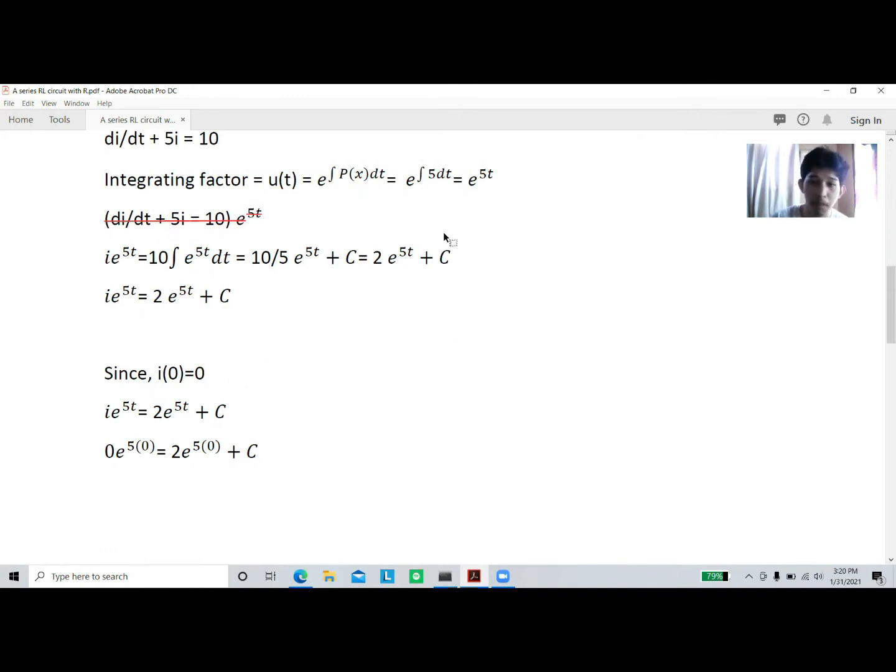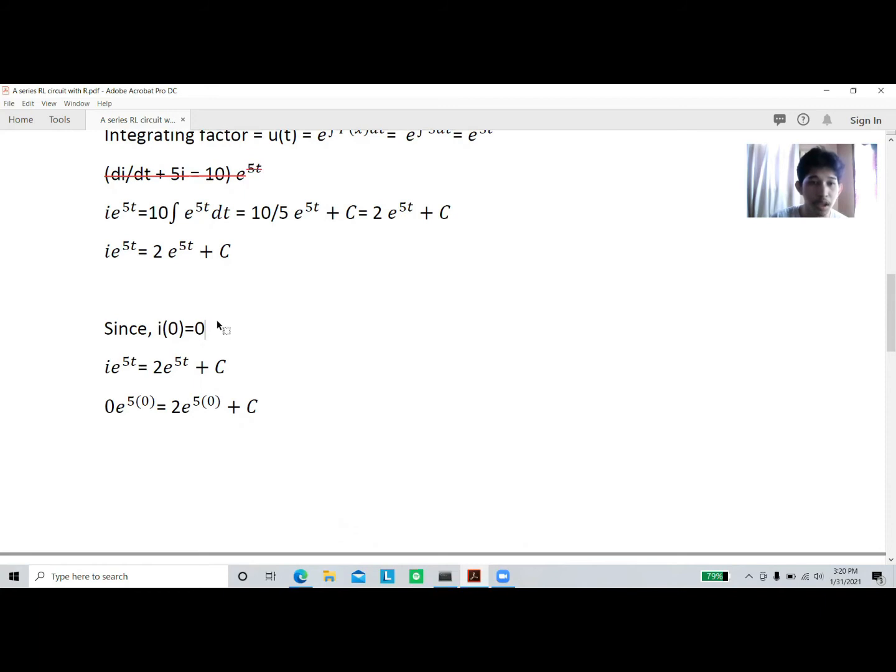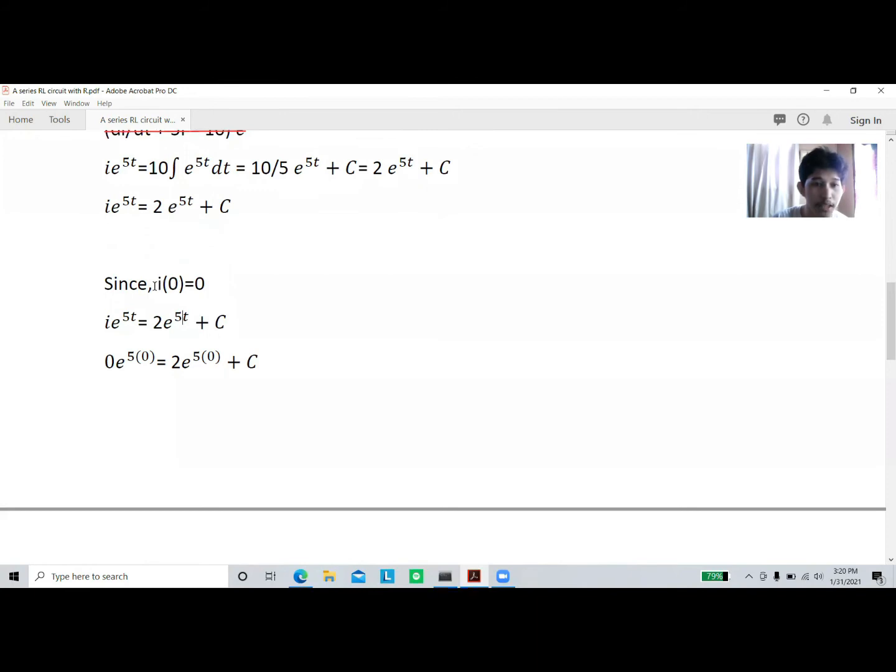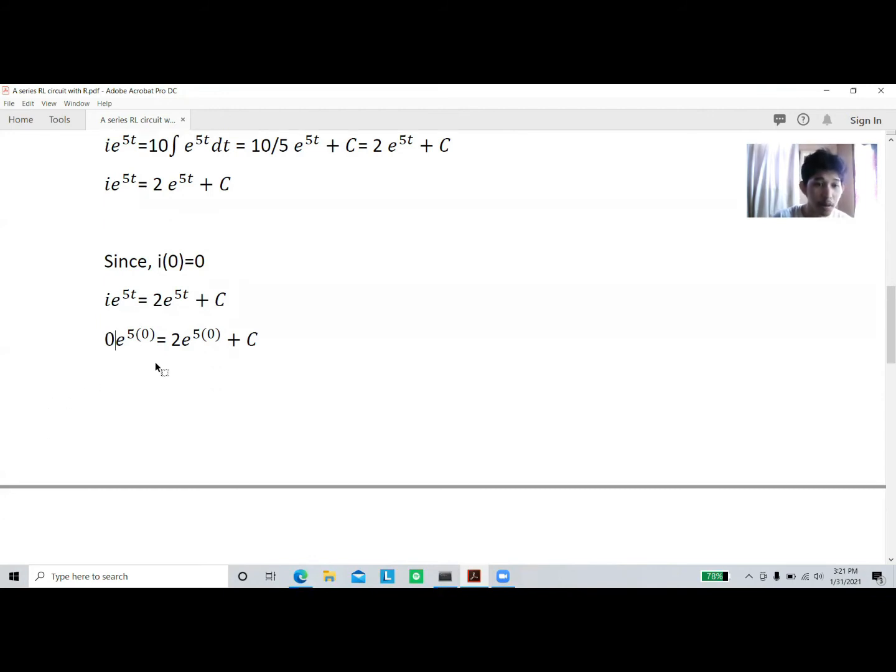You can now substitute the initial value into the equation to find the value of C. Just substitute I equal to 0 and t equal to 0. So it will become 0 times e raised to 5 times 0 is equal to 2 times e raised to 5 times 0 plus c.